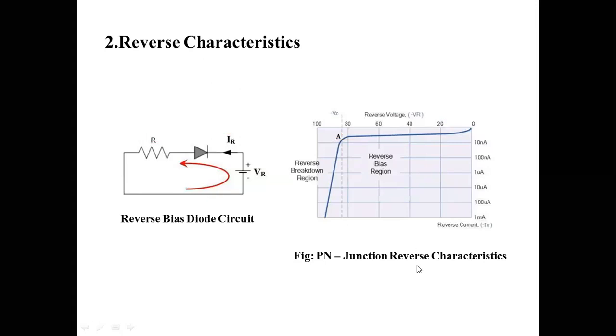If I want to put the VI characteristic using forward as well as reverse bias both, in that case you have to show the I and V here. This is VF, IF, both I am showing in the single diagram.